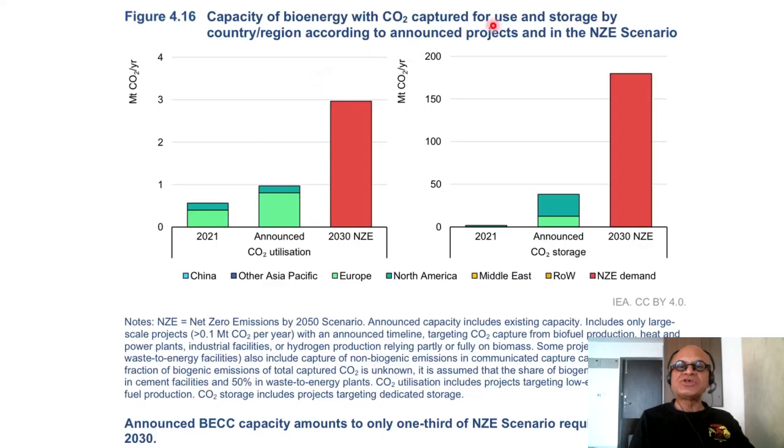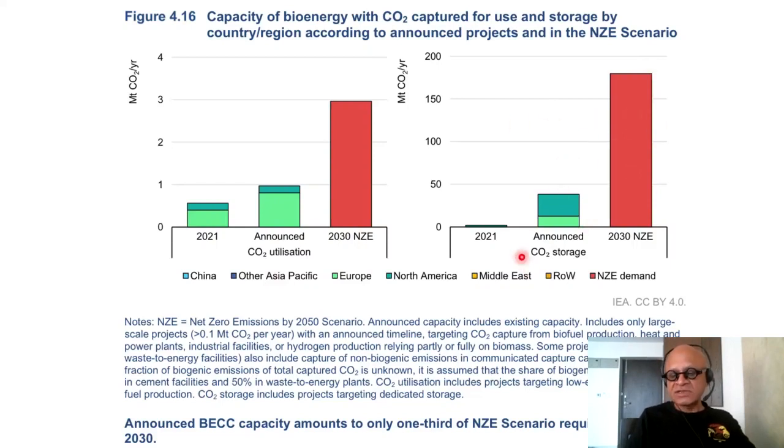Capacity of bioenergy with CO2 captured for use and storage by country and region. So again, lots of differences between what is announced in CO2 utilization and storage, and what is needed. So you can see massive gaps in CO2 storage.